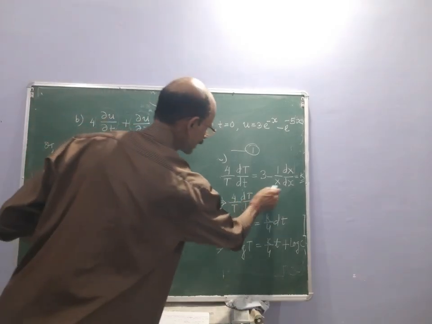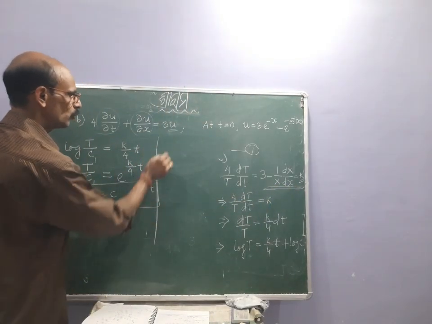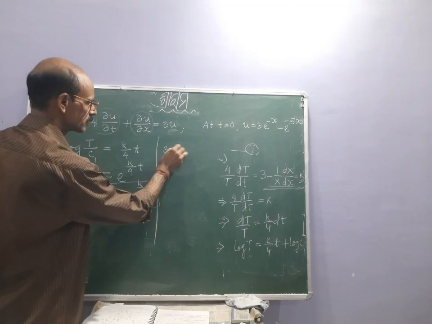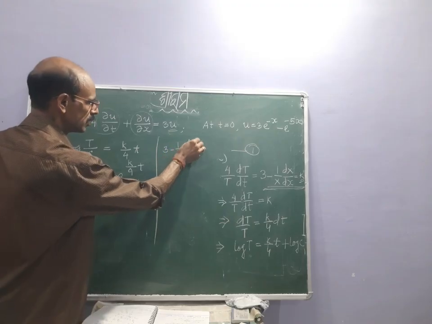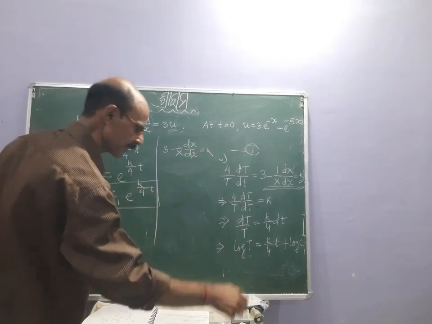Now take the second part of this equation, and from the second part we obtain 3 minus 1 by X d capital X by d small x is equal to k.